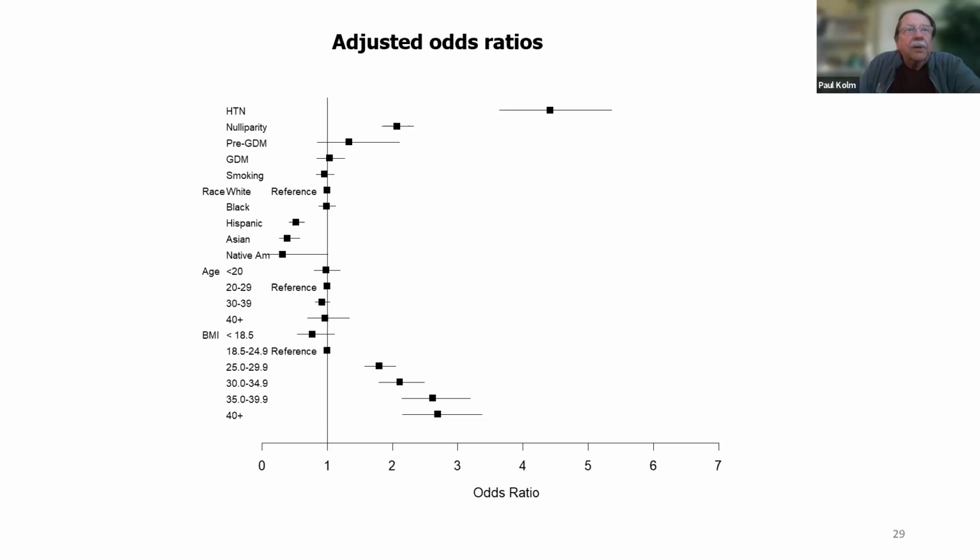And so we can see here that the reference is normal BMI, basically 18 to 25. Then these that are underweight, and then these that are overweight, and you can see that there's an increasing odds with increasing BMI, which sort of clues us to the fact that it's nonlinear.